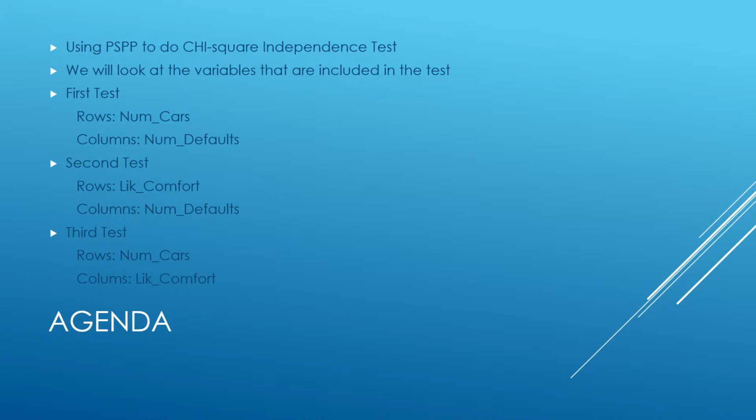In our first test, we'll be looking at the rows and columns of numbers cars and numbers defaults. The second test, we will be using rows and columns in lit comfort and numbers default. And the third test will be numbers cars and lit comfort.